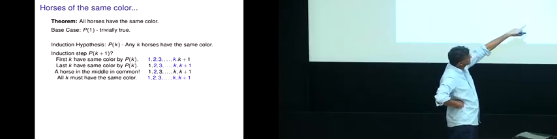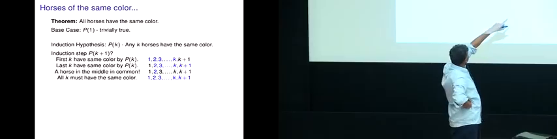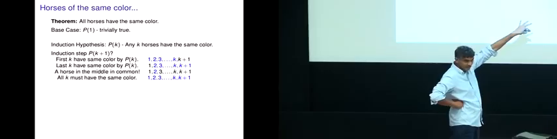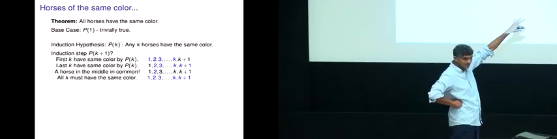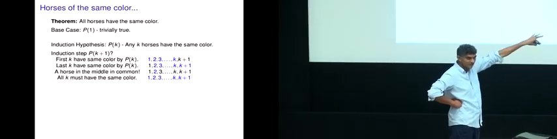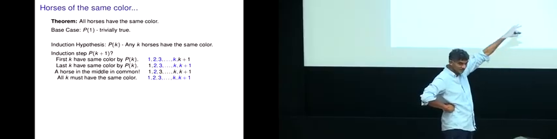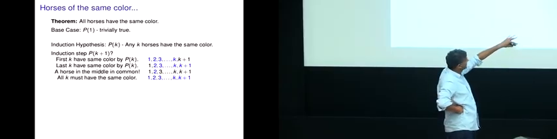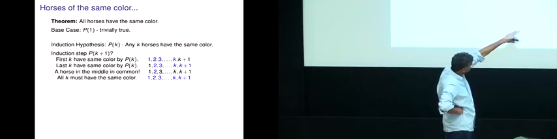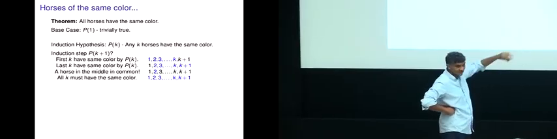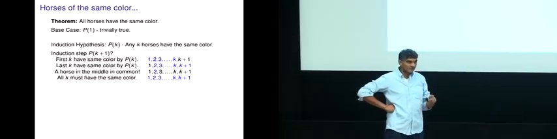The fact that 2 and K plus 1 are both blue is something I can conclude from the induction hypothesis that this last subset of K horses have the same color. 2 has the same color as 3, has the same color as 4, has the same color as 5, up to K plus 1. Every one of those horses in that set has the same color. So now I'm using this twice. In the last step, I'm saying 2 has the same color as 1 because of the first line, and 2 has the same color as all of those because of the second line. So they all have the same color.